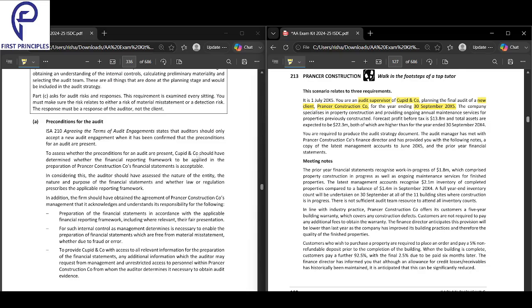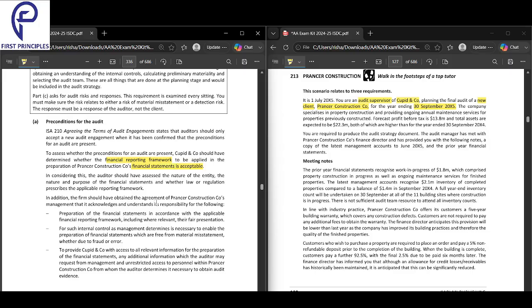First of all, they should have determined whether an acceptable financial reporting framework was used in the preparation of the financial statements.